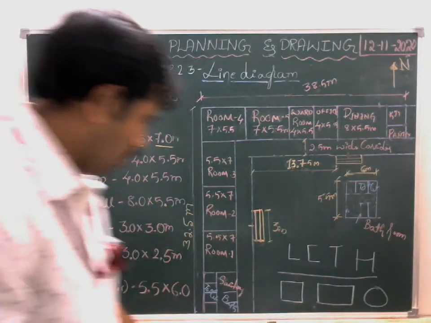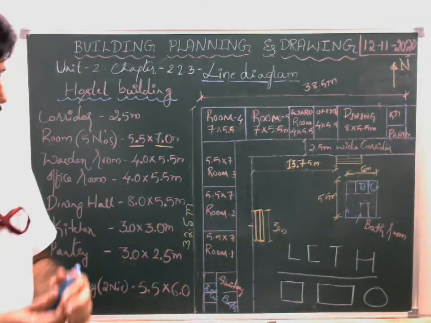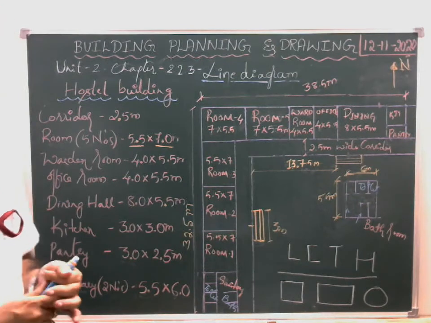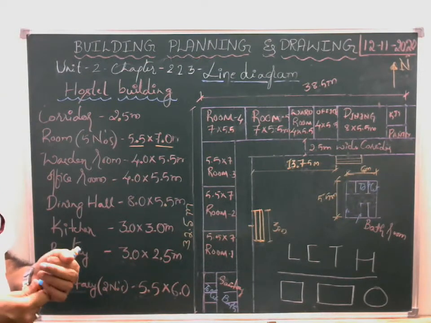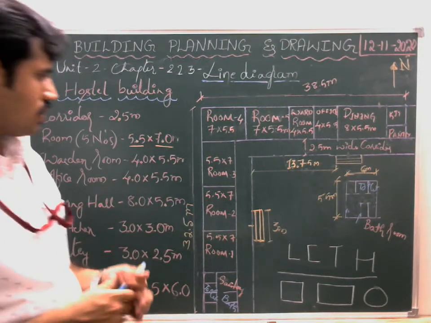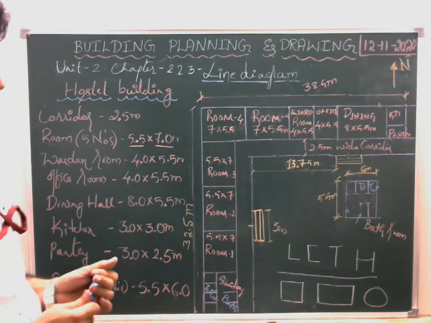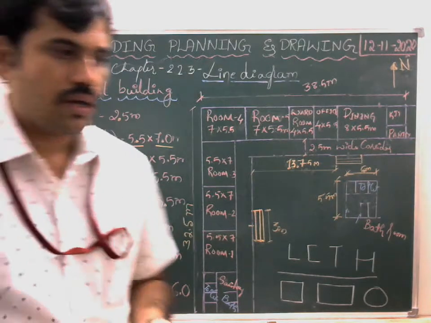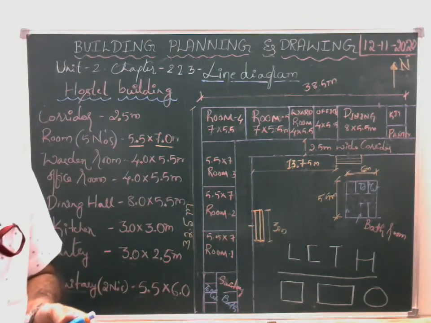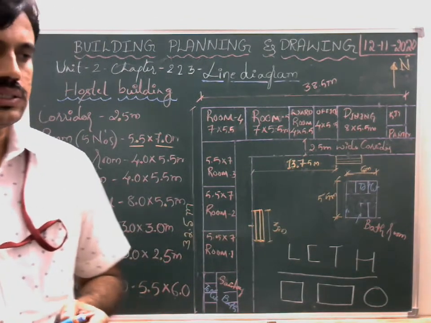Here I am going to tell you an important thing, and this is a very basic thing we have to know. Why? Because memorizing is not important. We have to know the basic things. Here they have given one water closet for 10 boys and one water closet for 8 girls.